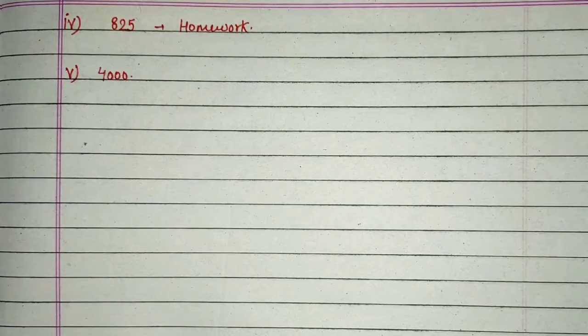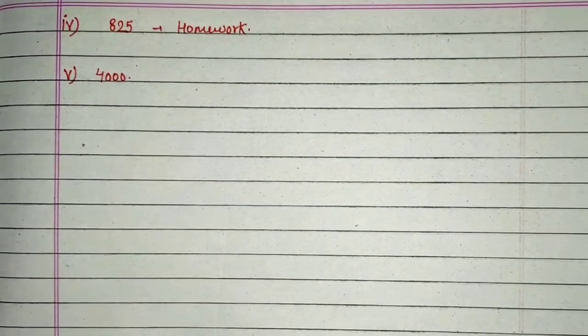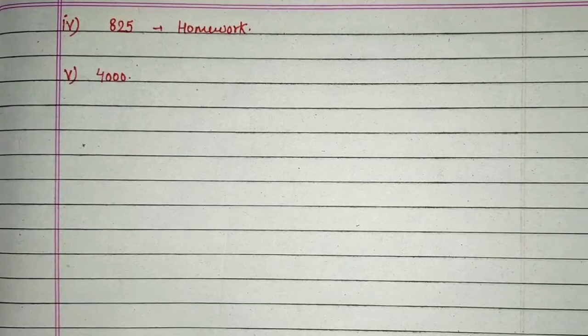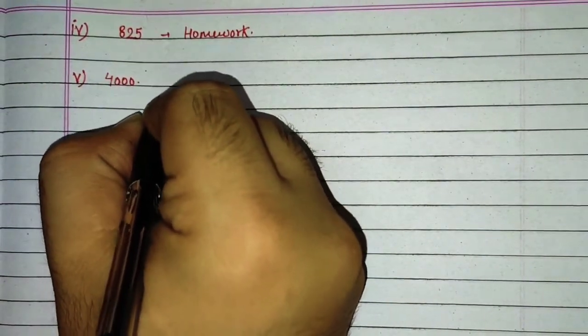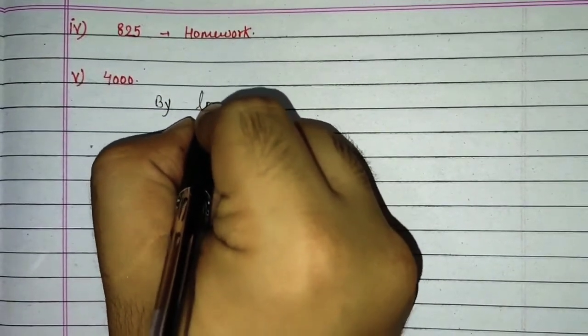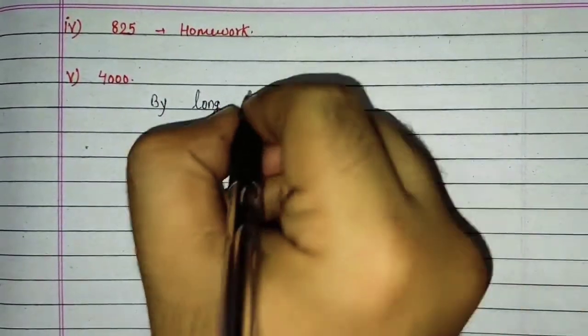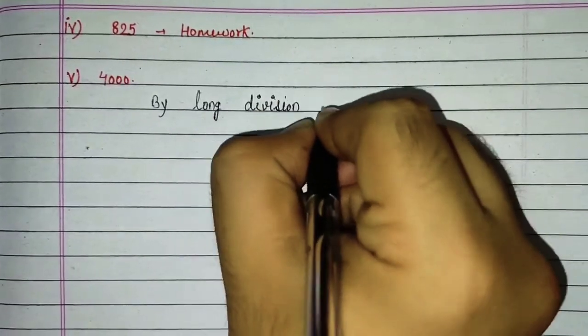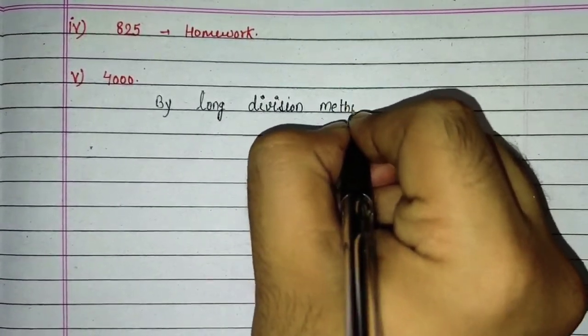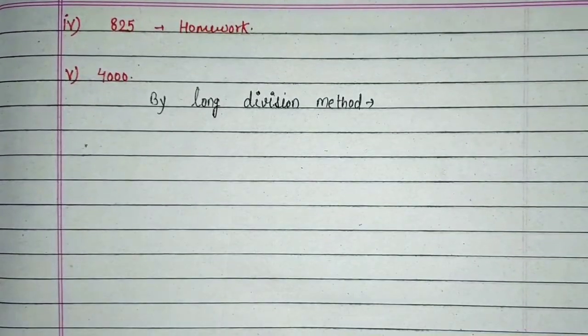Now the D part you can try yourself. We are doing the fifth part, 4000. Same question by the long division method.